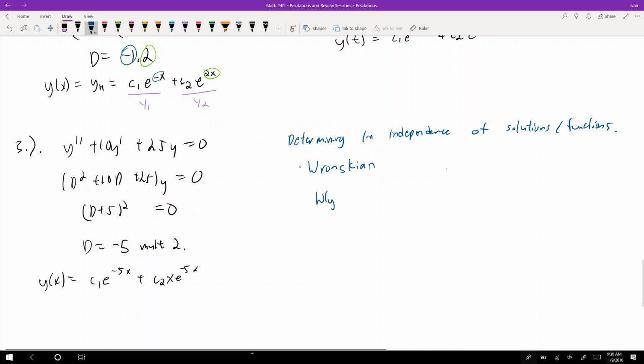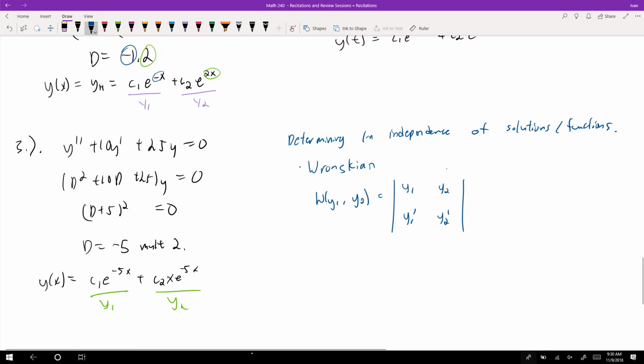All right, so what is the Wronskian? It's W of y1 and y2. Think of each one of these, without the constants, as y1 and y2. And that's equal to the determinant of y1, y1 prime, y2, y2 prime.